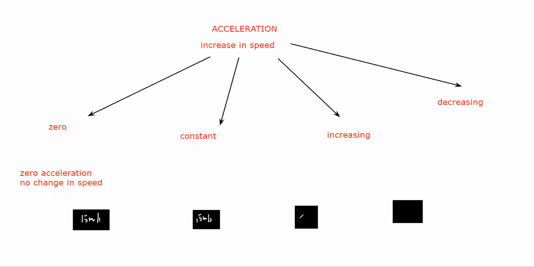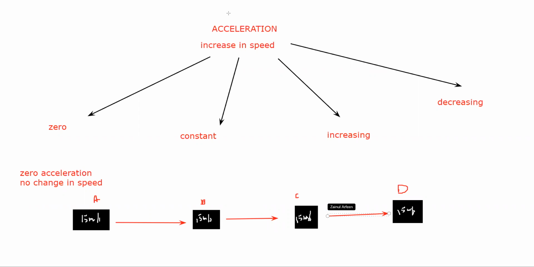Point B, point C also, its speed is 15 meters per second, and point D, its speed is 15 meters per second. So if these are the different points A, B, C, and D, moving from A to B, moving from B to C, and moving from C to D.